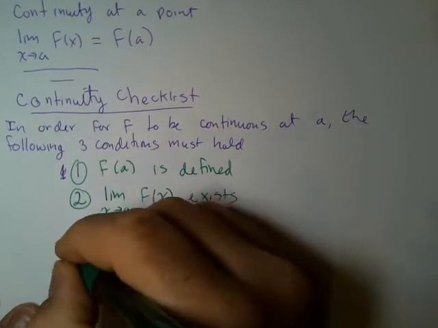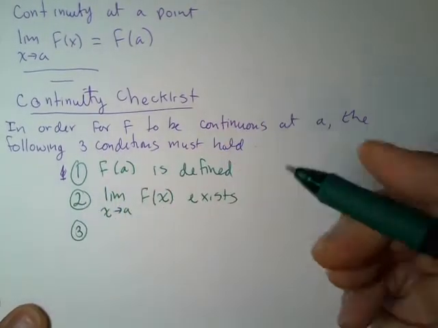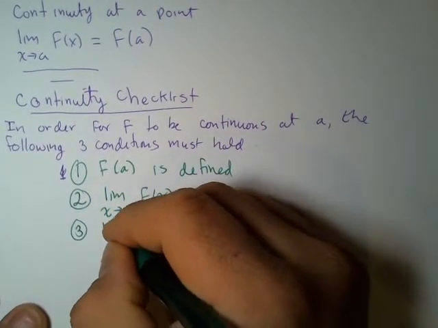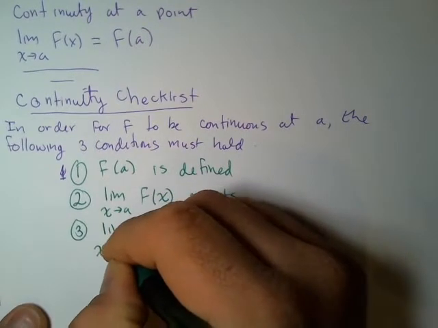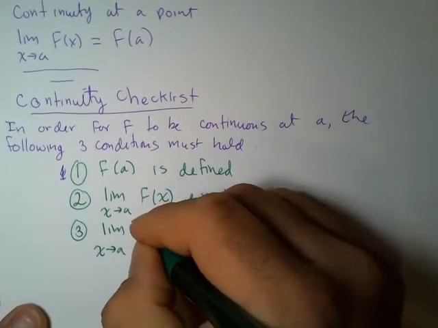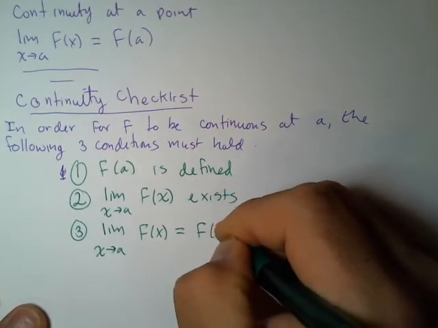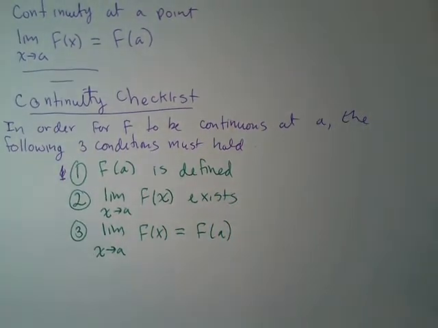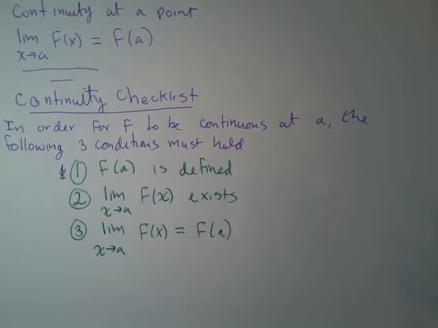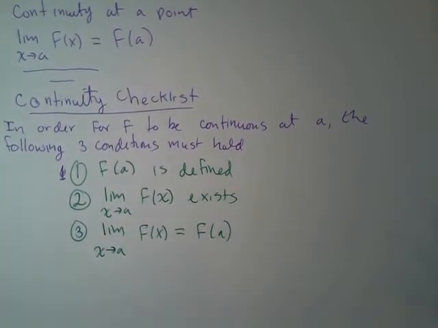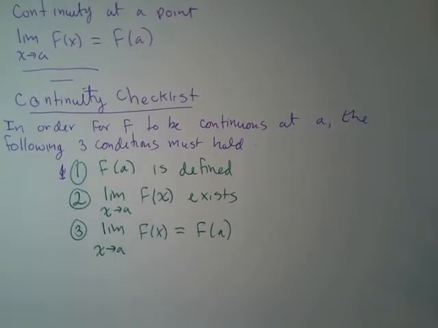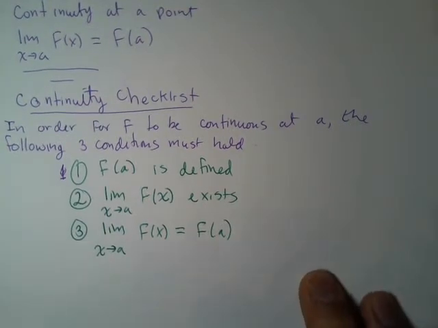And the third thing is putting 1 and 2 together: the limit as x approaches a of f of x is equal to f of a. Now we need all of these three in order to have continuity, so all three must be satisfied.